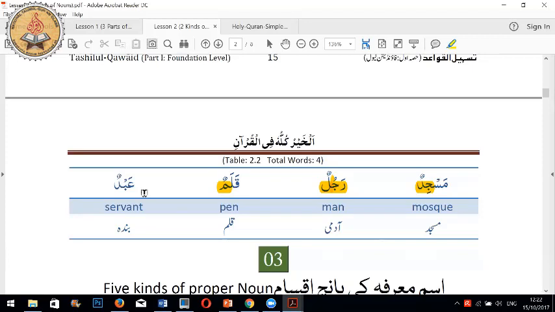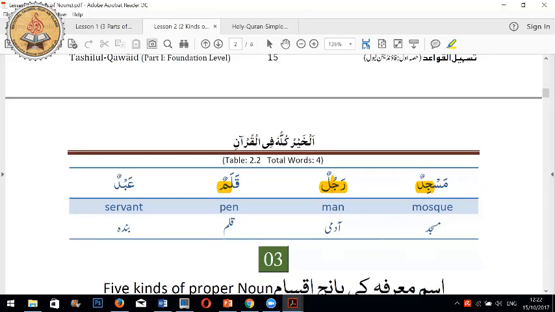This word can neither be a verb nor a preposition, because tanween has come at the end. So tanween, two strokes, double stroke, is a big sign that this is an ism, a noun, a common noun.